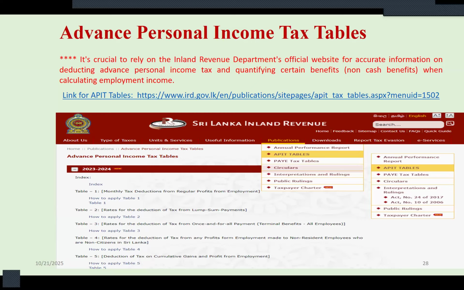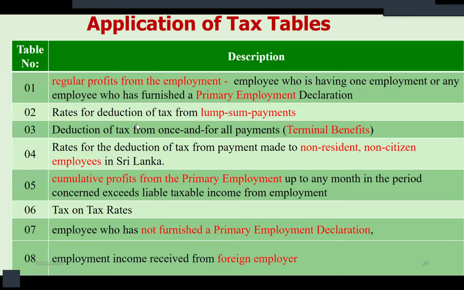Because of that, they can prepare some apps, software for the calculation of advanced personal income tax. So these are the tables available in the EPIT table. There are 8 tables, each table used for each type of income. That means for the regular profits, we have one table. For lump sum payment, we have another table.